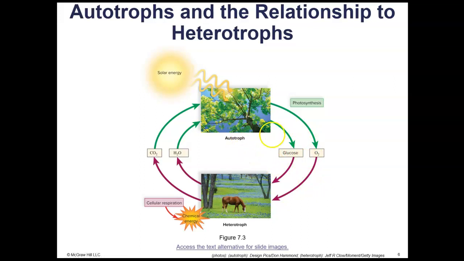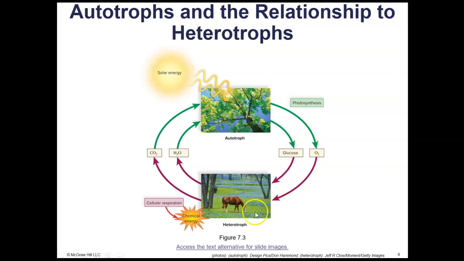I notice a lot of students have a misconception that cellular respiration only occurs in animals. But no, the glucose is also used partly in the same plant that produced it. The glucose will undergo cellular respiration in that same plant.